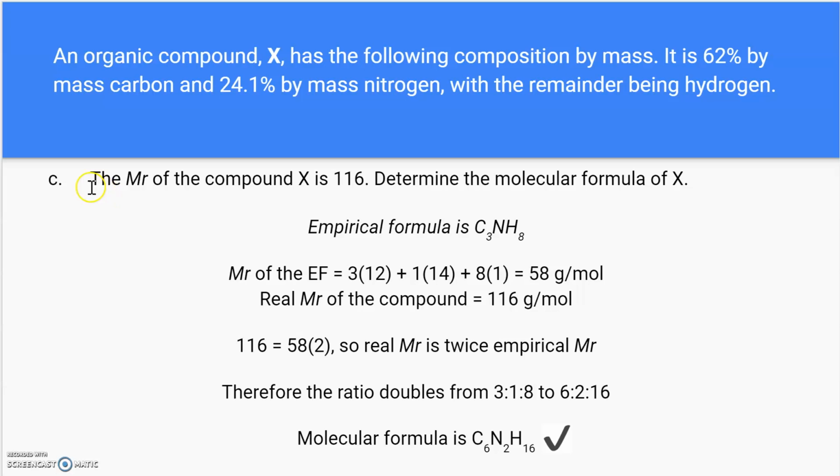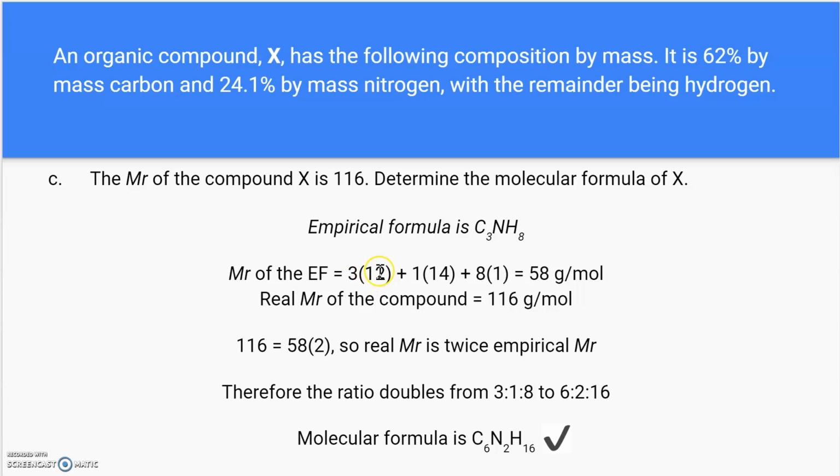Now, the exercise is telling us that the real molecular mass of the compound is 116. We must identify that 116 is twice 58. So the real molecular mass is twice the empirical formula mass, so the ratios will double.